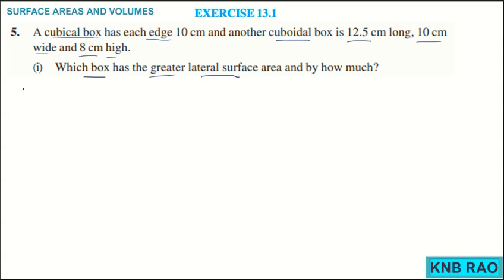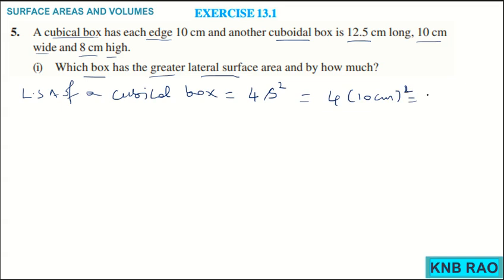So, you have to find the LSA of a cubical box, which is 4 times side square, 4 times 10 centimeter square, means 4 into 100 centimeter square, which gives 400 centimeter square.